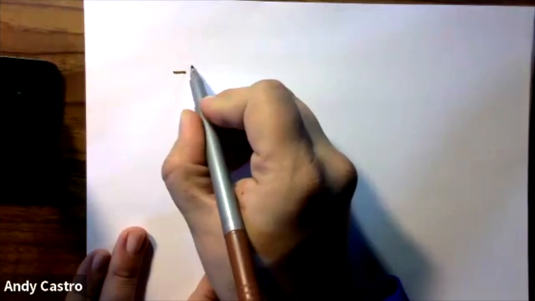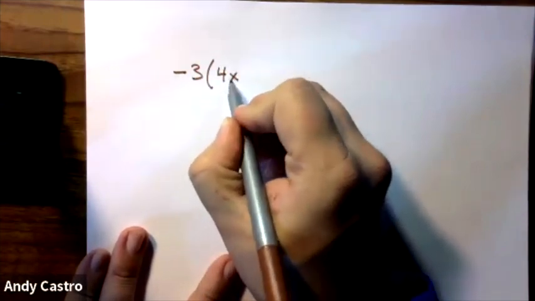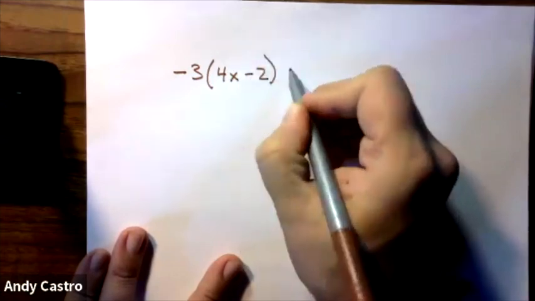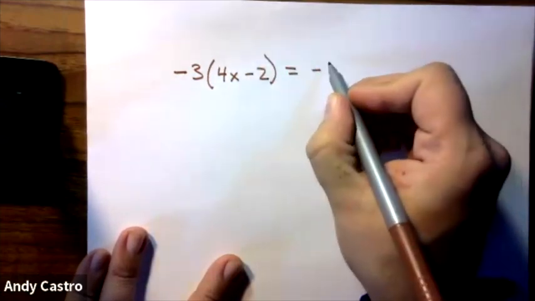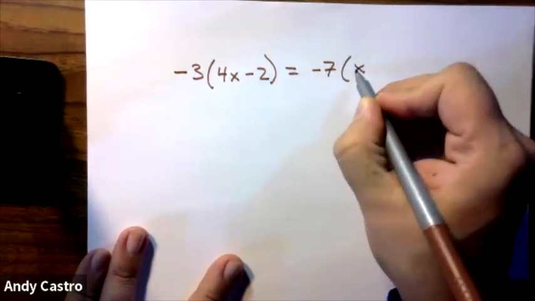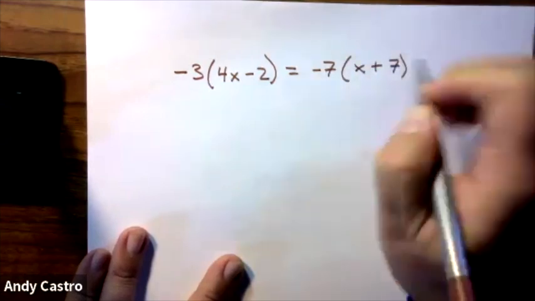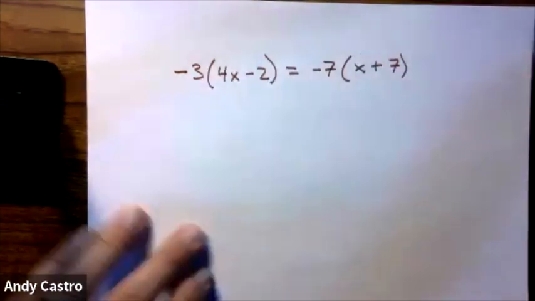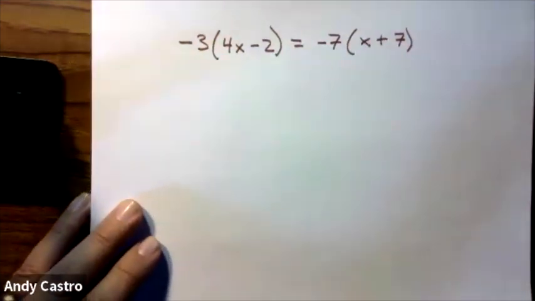Let's do negative 3 times 4x minus 2 is equal to negative 7x plus 7. All right.